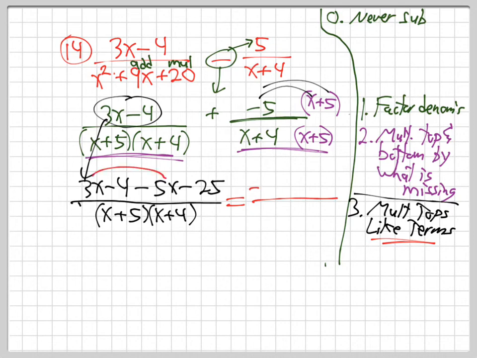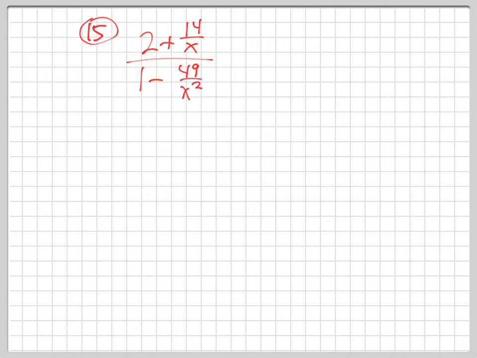So 3x minus 5x is minus 2x. Minus 4 minus 25. You lose $4 and lose 25 bucks. You lost 29 bucks. X plus 5, x plus 4. We're done. That good? Yeah, that's a plus.